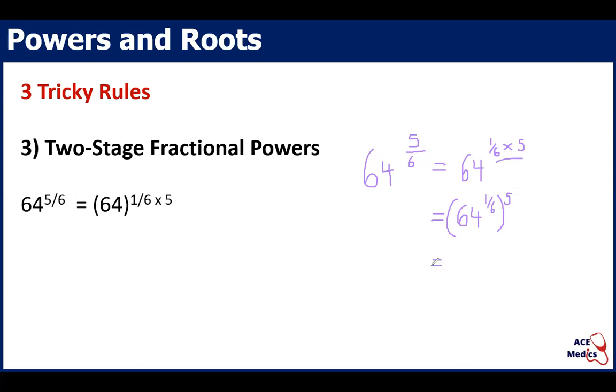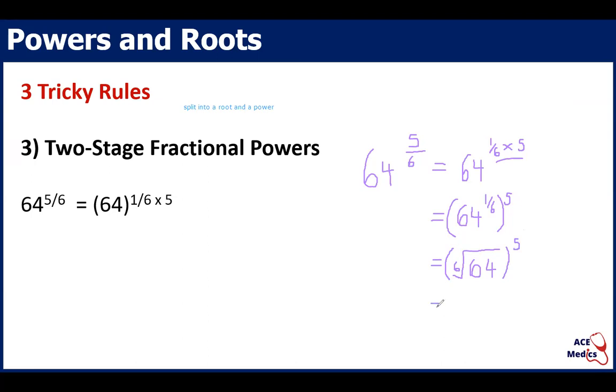Then what I mean by splitting it into a root and a power, I'm going to write that down. Split. The power of 1/6, we've done all of this before, is the same as doing the 6th root of 64. Once we've done that, we're going to do it to the power of 5.